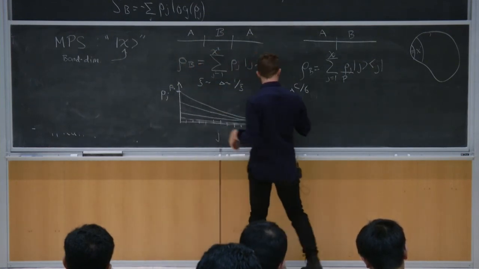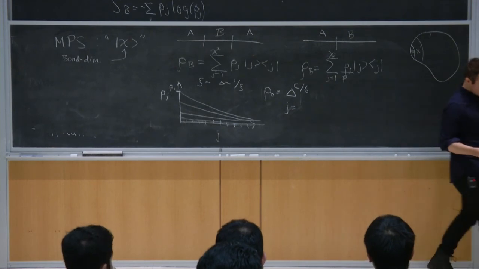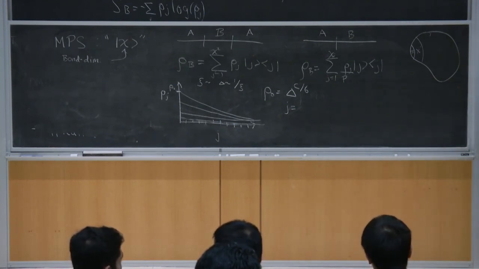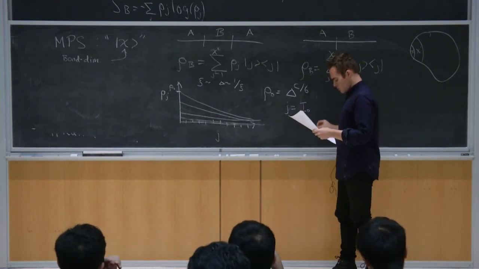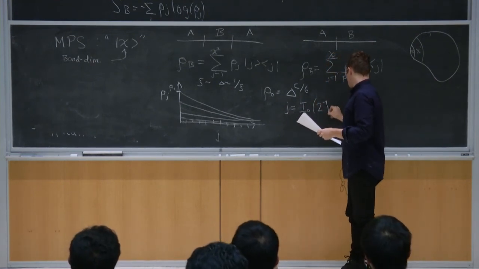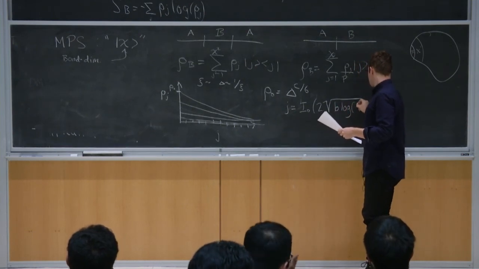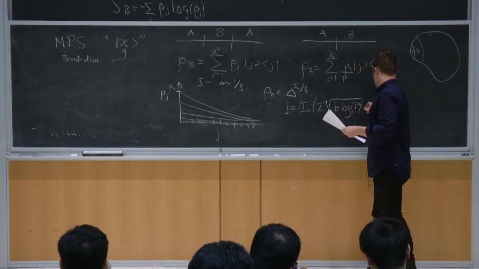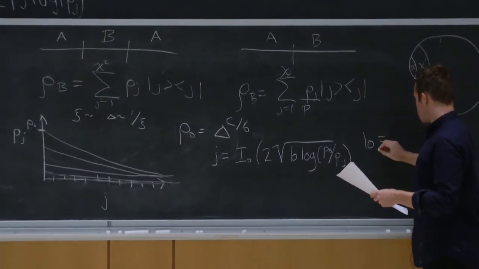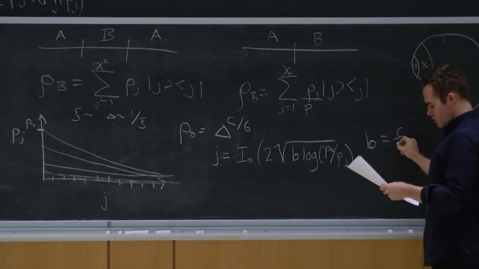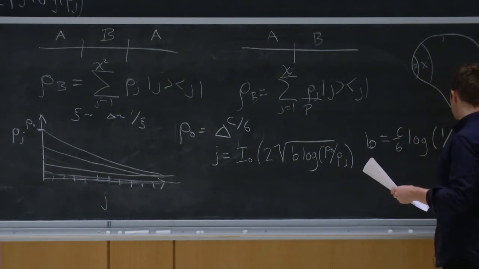The actual fall off of it goes as j to 2 square root of B log P naught over Pj, where B is defined to be c over 6 log 1 over delta.